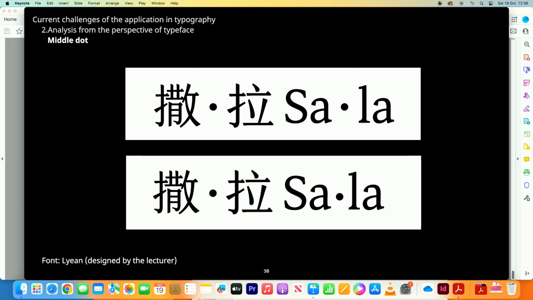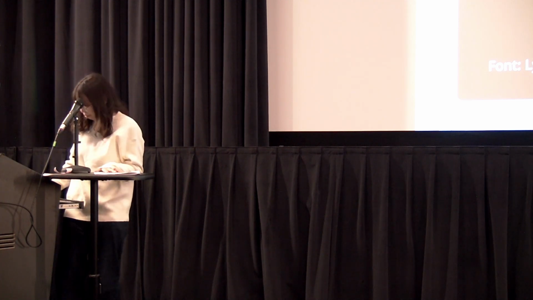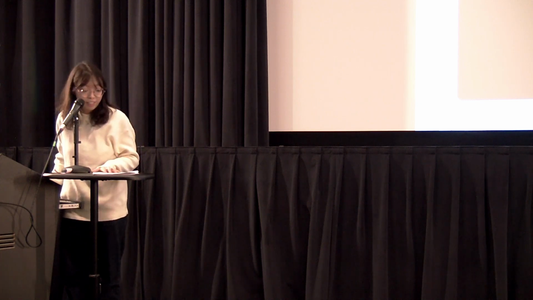So in the second image we change it according to the Latin script, and both of them have their own punctuation marks. Yeah, this is the little summary of the section I just taught.